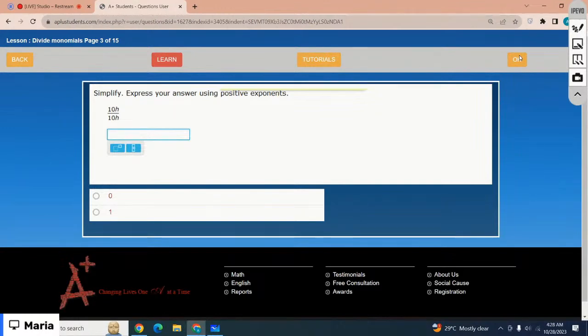Okay, the next one is simplify. Express your answer using positive exponents. So, which is the correct option? The correct option is 1, right?